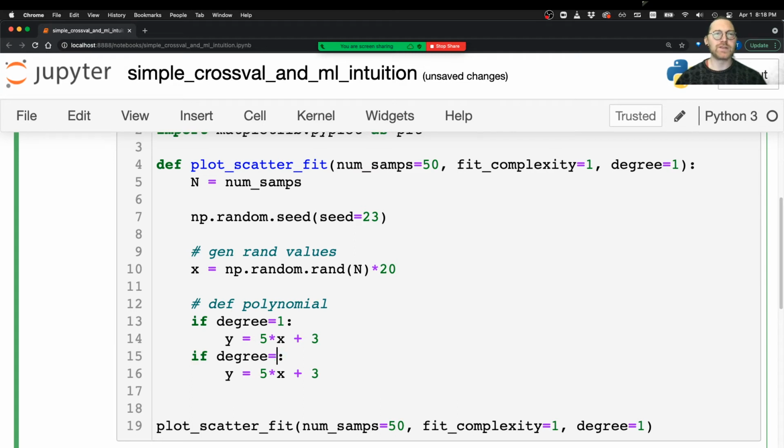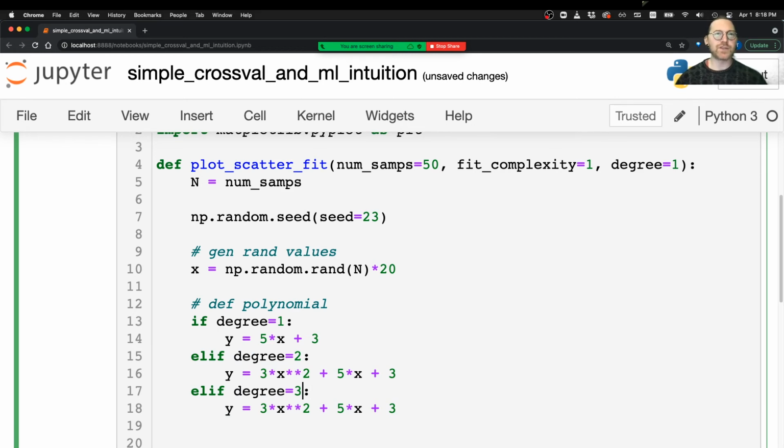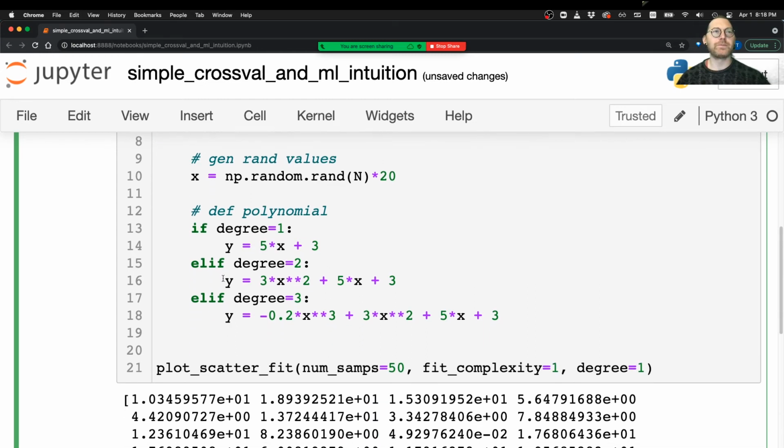If the degree is 2, then y is going to be 3x squared plus 5x plus 3. And then I'll change that to an elif. And then if the degree is 3, this is going to be negative 0.2 x to the third plus 3x squared plus 5x plus 3.